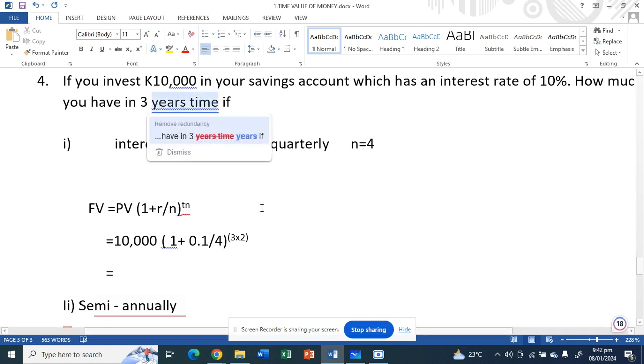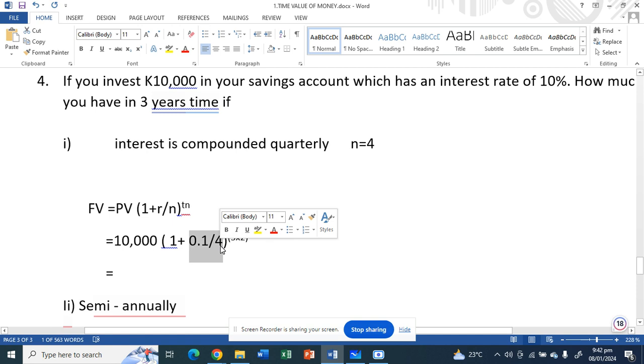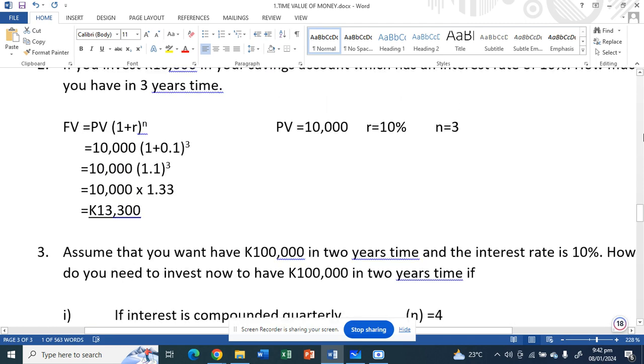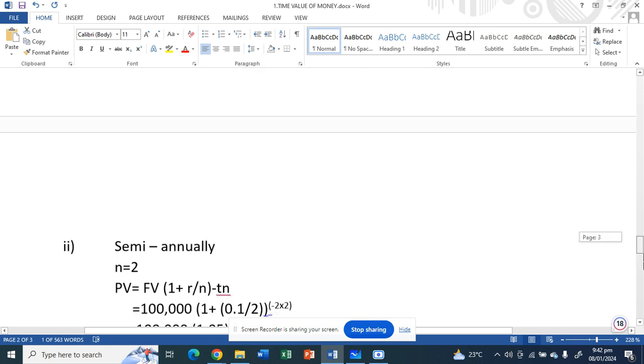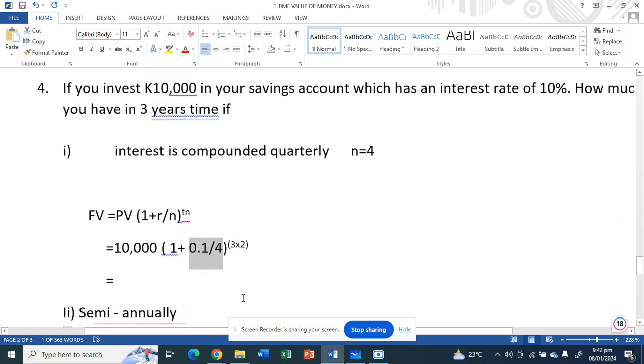So we apply BODMAS. We start here, 0.1 divided by 4. I think we got an answer earlier on, 0.025, yes. Then you add 1, that would be 1.025.